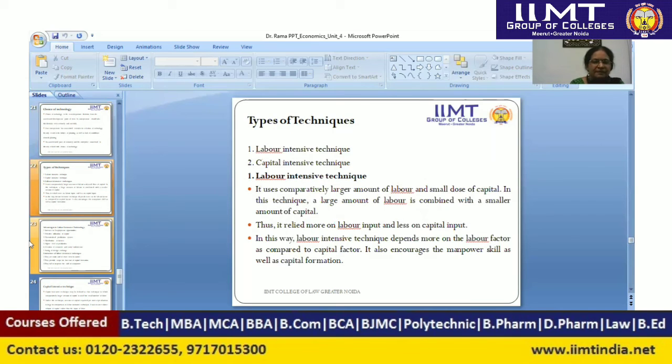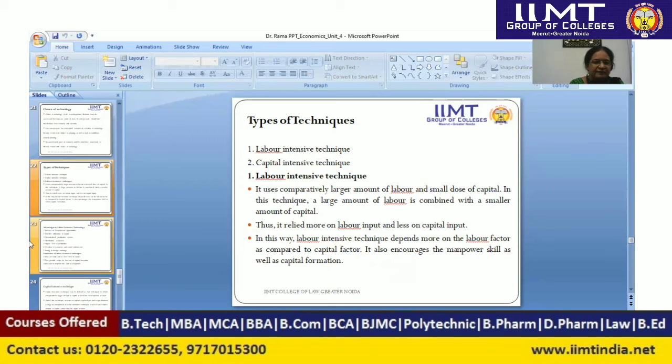There are two types of technology: labor intensive techniques and capital intensive techniques. Labor intensive technique uses comparatively larger amount of labor and small dose of capital. In those techniques, a large amount of labor is combined with a smaller amount of capital.